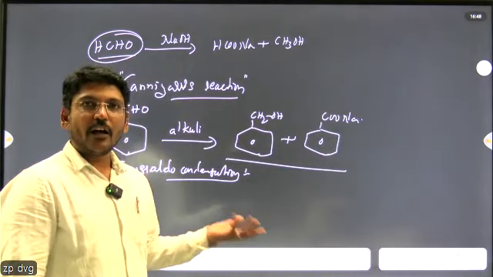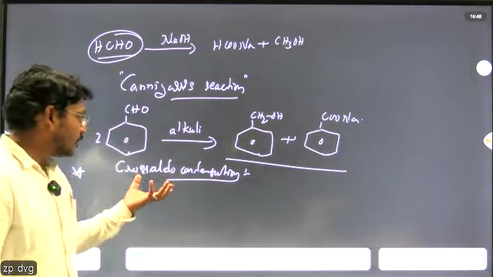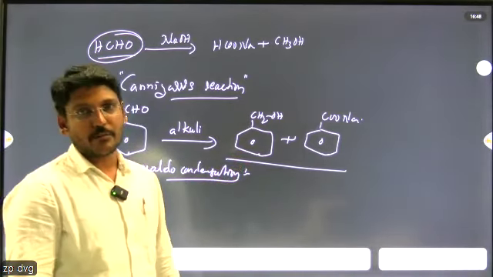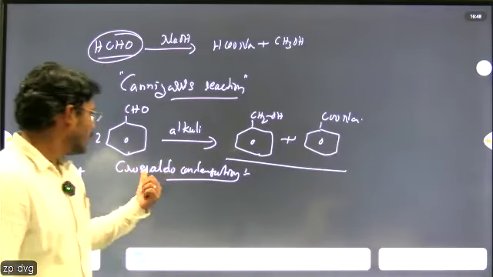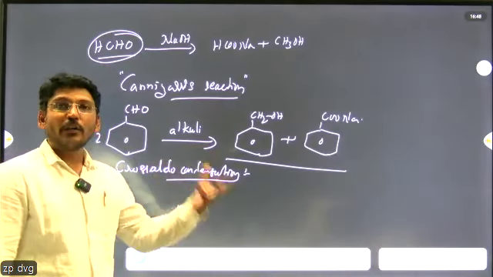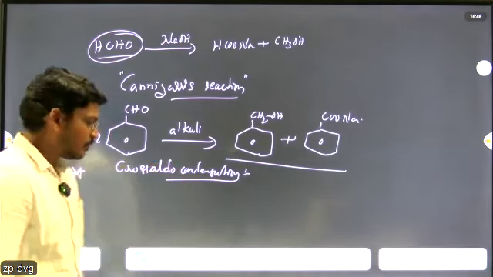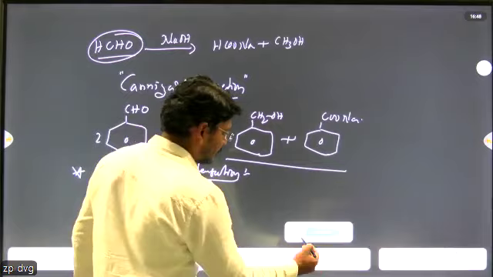But if we take two different aldehydes, or two different ketones, or one aldehyde and one ketone, then definitely it is possible to get more than one product. So that reaction is called a cross aldol condensation. Let's discuss how this cross aldol condensation is carried out.